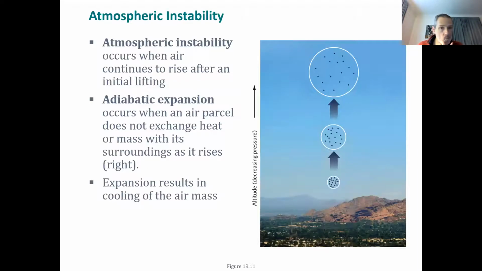And so when we start looking at adiabatic temperature change, this is just association with the air expanding, it's going to cool off. We actually looked at this two chapters ago. When I squeezed the air in my 2-liter bottle, I could increase the temperature of that and cause the water vapor to go into a liquid state.